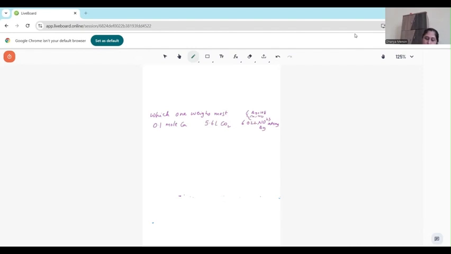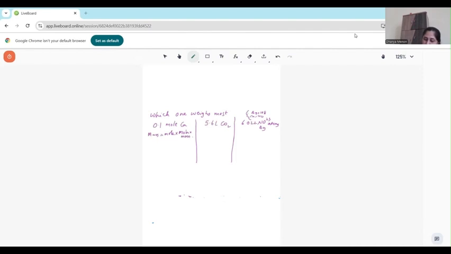Now, over here, these are the 3 options. Which one weighs most? You have to find the mass. You already know mass is mole times the molar mass or the atomic mass. What is the number of moles?